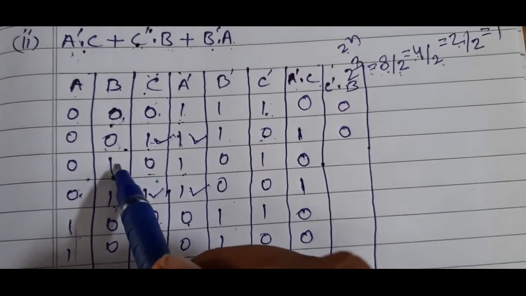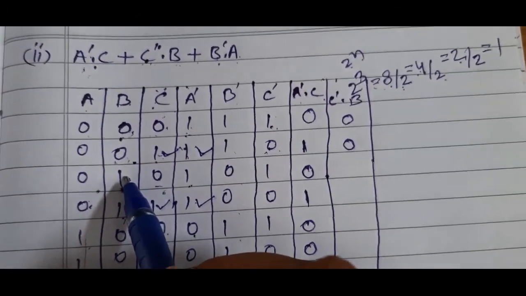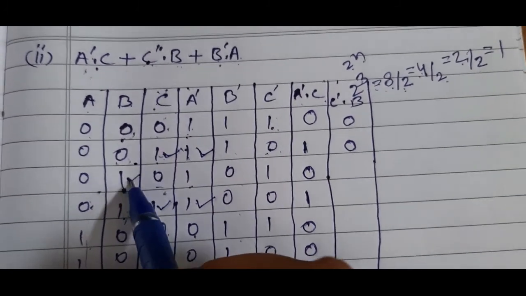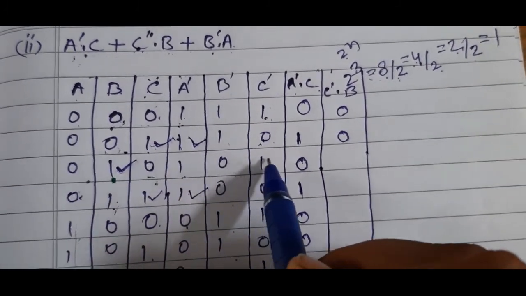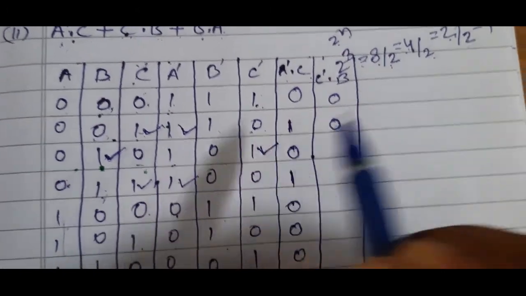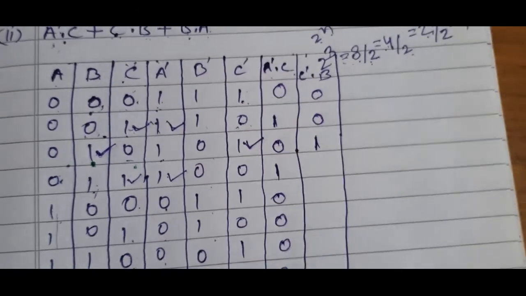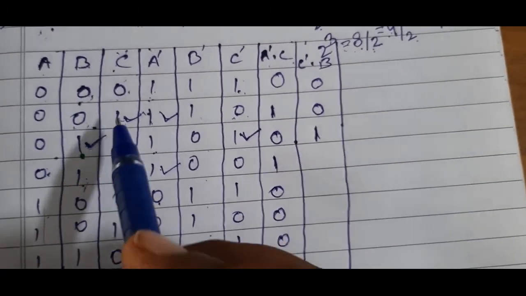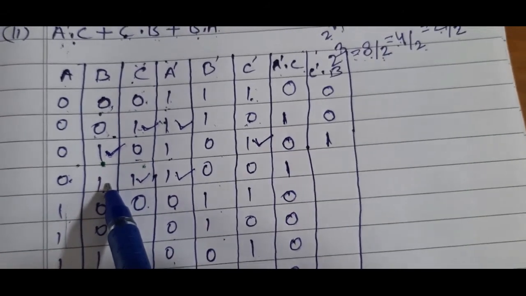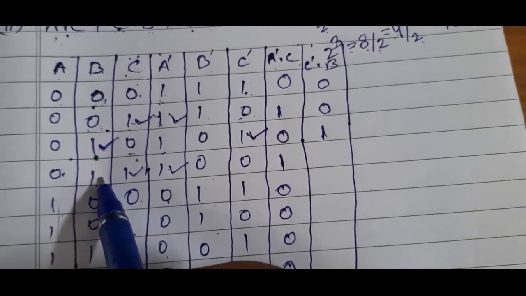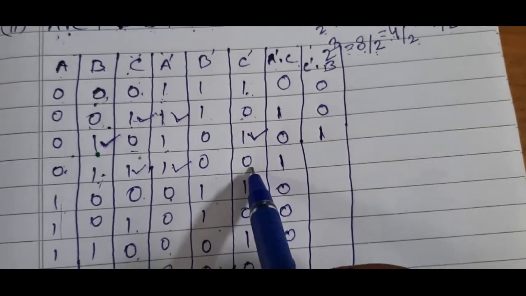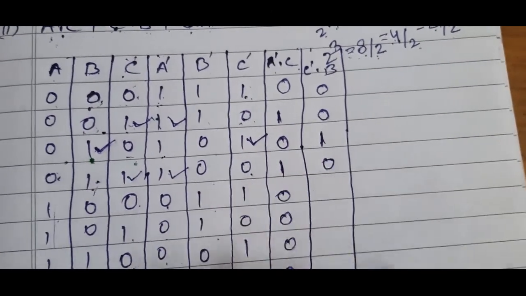And in the third condition you can see B is positive and C complement is also positive, which means we will get the positive output. After that, let's see, in this it is positive but in complement it is negative, so the output will be negative.